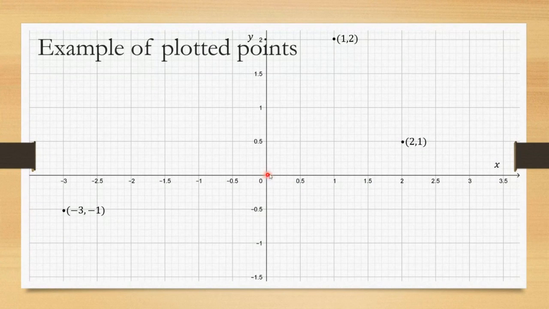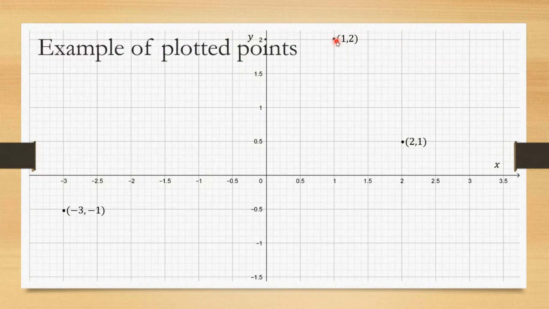We locate 1 on the x-axis, right here. But now, since 2 is positive, the second number is 2, we go up 2 units, and we are at the point (1, 2).